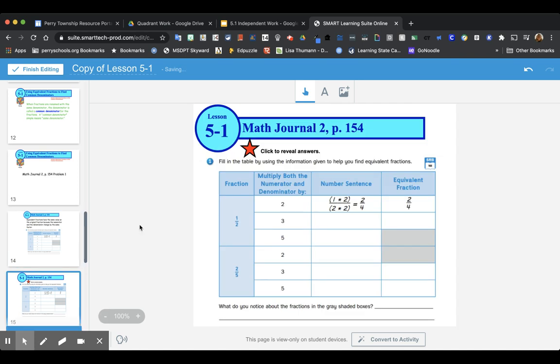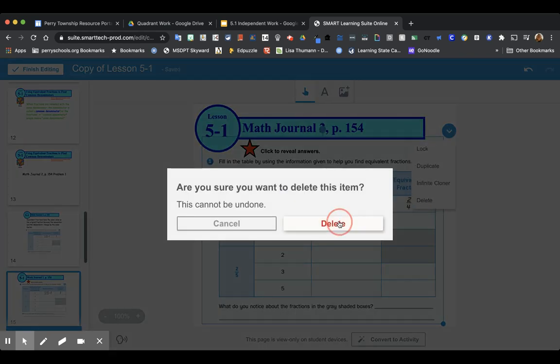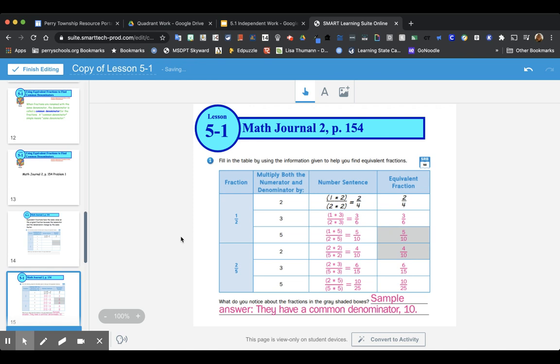Okay, so hopefully you have completed this. Let's go ahead and check this work together, check out what the equivalent fraction should be. Taking a look, let's look at the 1/2 section first. 1/2 times 3 over 3 was 3/6. 1/2 times 5 over 5 was 5/10. We did the 2/5 times 2 over 2.